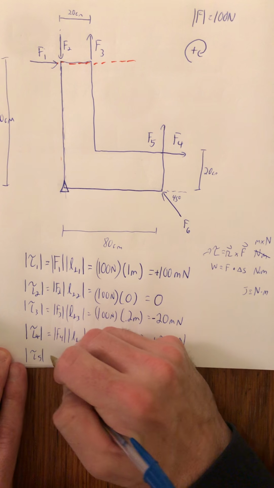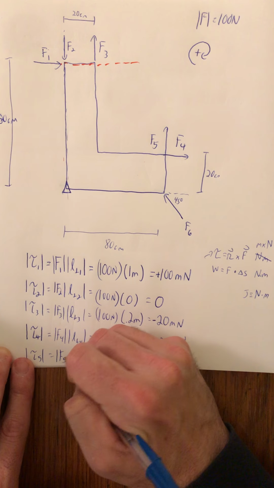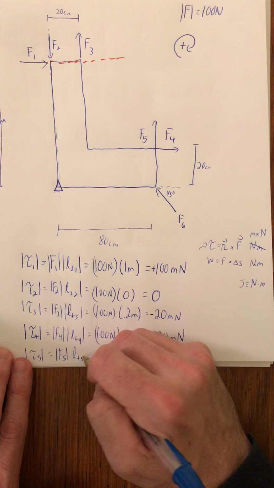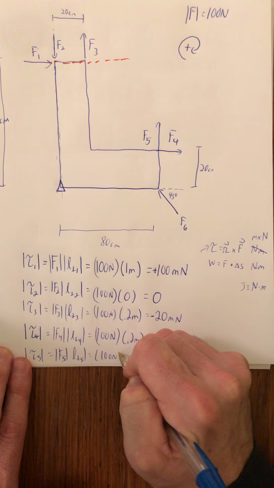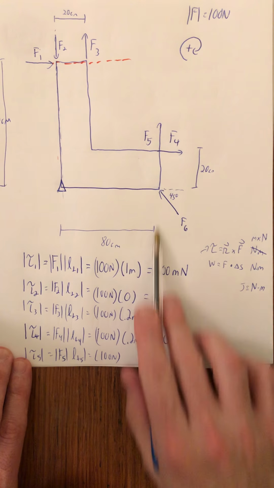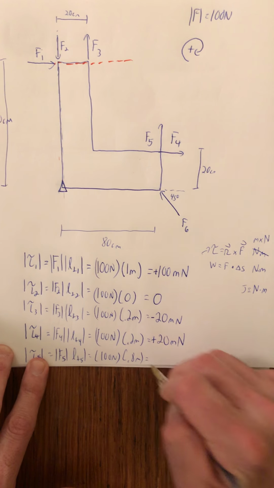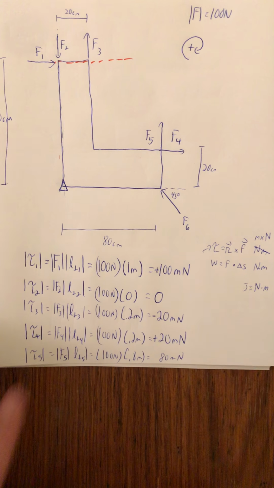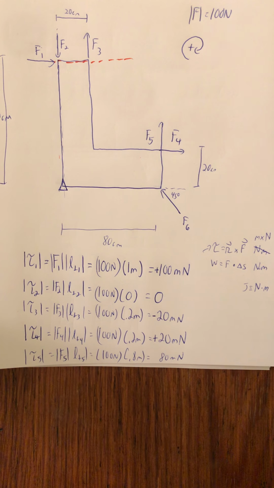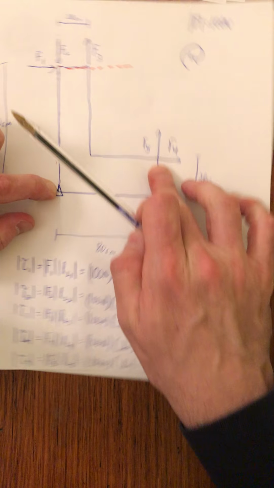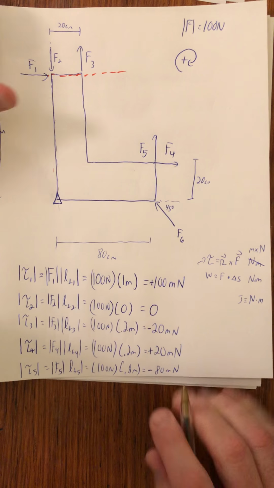Torque 5, force 5, lever arm distance 5, so 100 newtons. If I look at that, there's my line of action, there's my perpendicular distance, 0.8 meters, so that's 80 meter newtons. Now, is that going to be positive or negative? Well, that would cause the system to rotate counterclockwise.